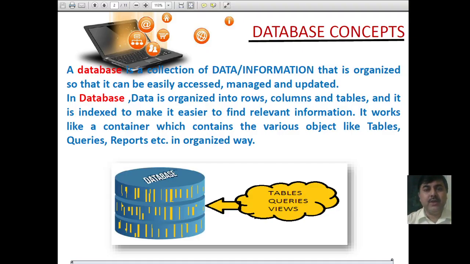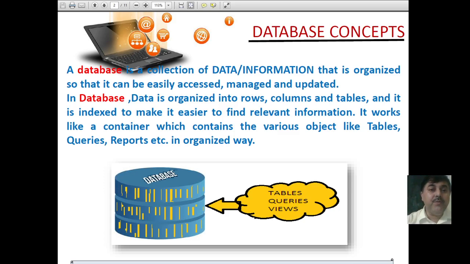So, database concept. What is a database concept? A database is a collection of data or information. Data means what? Data is the raw and unprocessed fact.